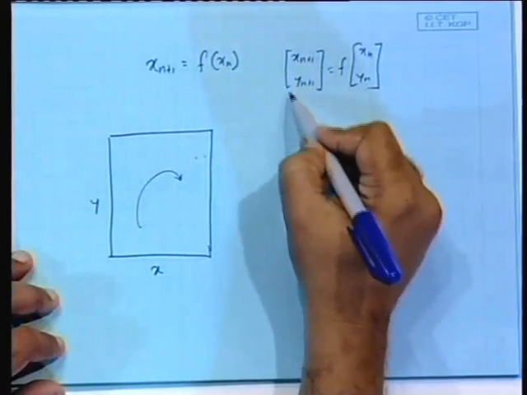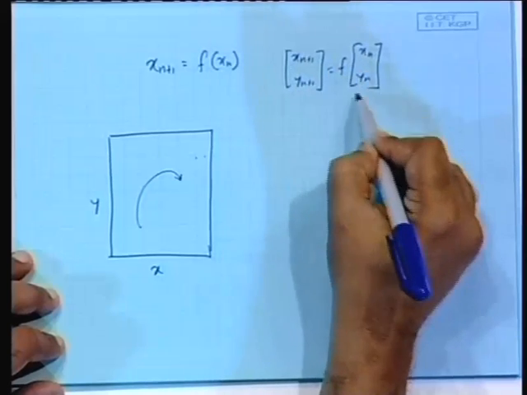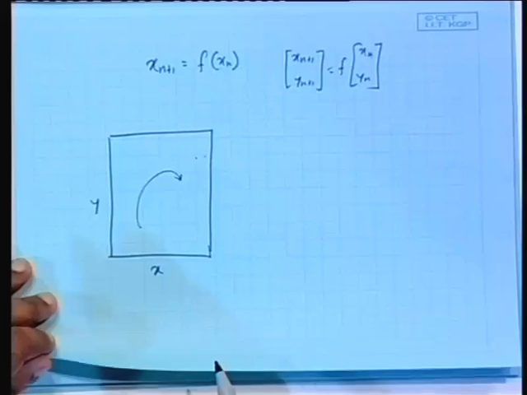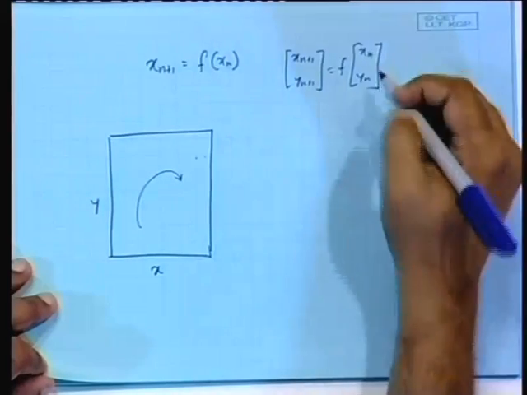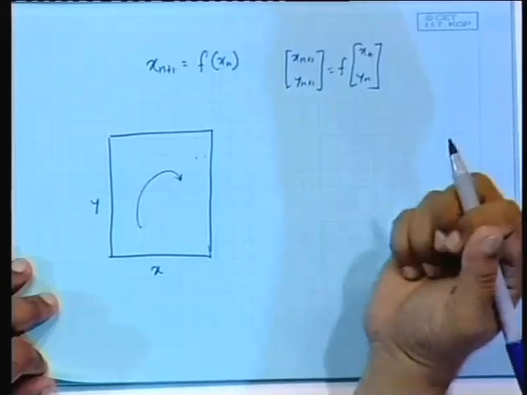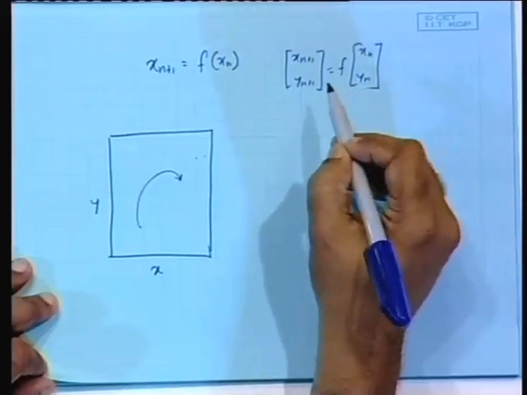Now, this way we are actually doing operations on vectors, but it can be further simplified sometimes if we define this as nothing but a single complex number, which means it will have a real part and an imaginary part.